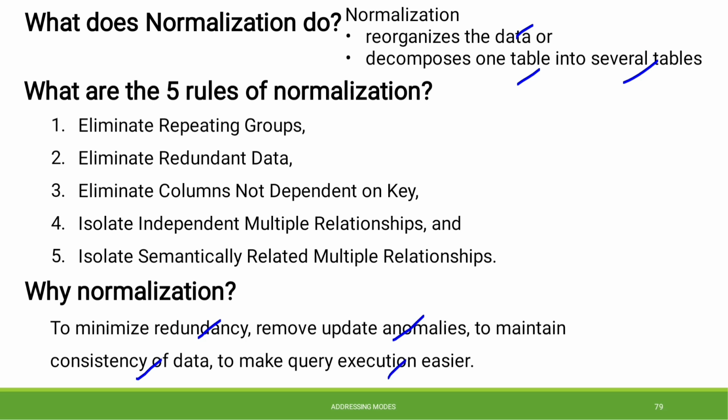What are the 5 rules of normalization? Eliminate repeating groups, eliminate redundant data, eliminate columns not dependent on key, isolate independent multiple relationships, isolate semantically related multiple relationships. So with this normalization, we can have good quality relations in any relational database design.